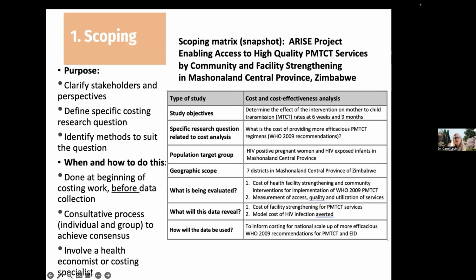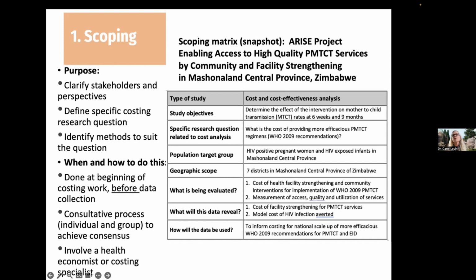So I want to just, this is a matrix I've developed years ago that I use with every single person I do a costing study with. So the first thing you have to do is really work closely with your stakeholders and identify the perspectives of the study. And I'll get to that in a moment. So this defines if the study objectives, in our case of this ARISE project, were to determine the effect of this intervention, right?